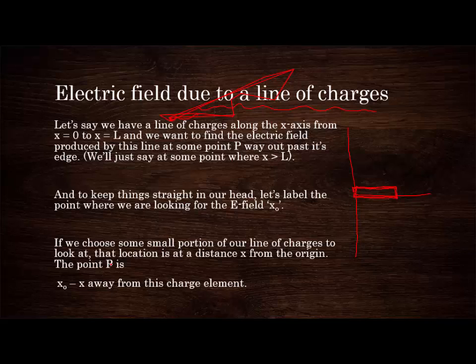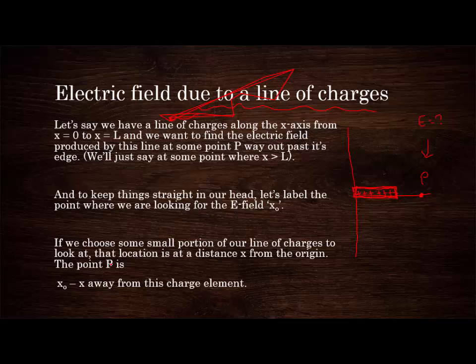And we are going to distribute a charge throughout this line or this wire. And what we're going to do is look at a point way out here at the edge. We're going to call that point P. And we want to find the electric field at this point due to this string of charges.